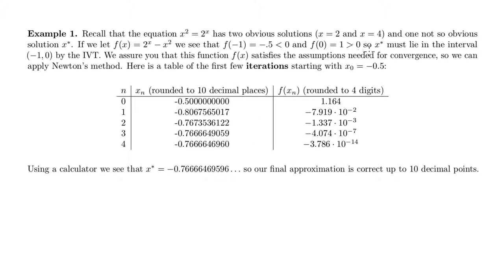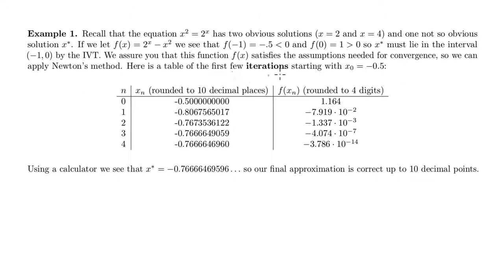So we know that this third solution must lie in the interval -1 to 0, by the intermediate value theorem. You can take my word that the function satisfies the mild conditions we need for convergence, so we can apply Newton's method.